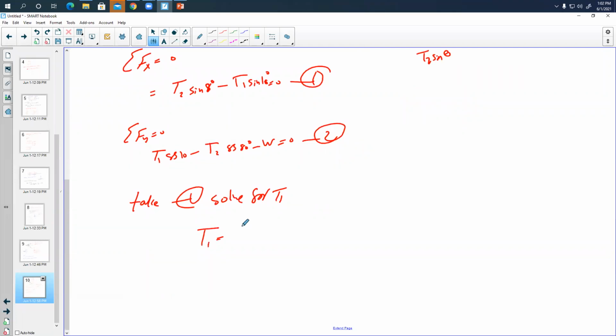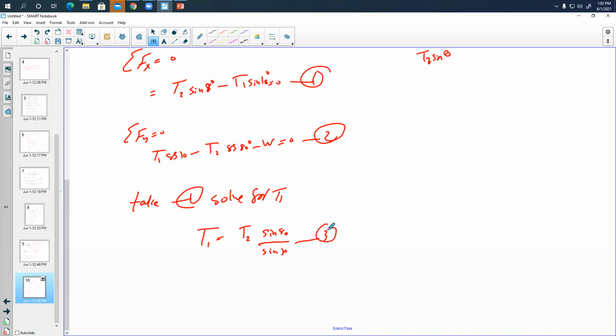T1 is going to equal T2 sine 80 divided by sine 10 degrees.